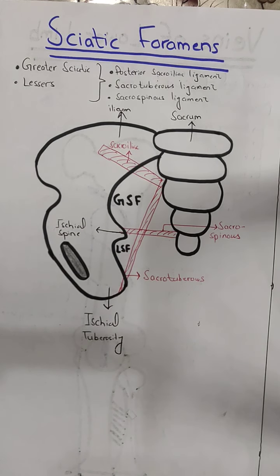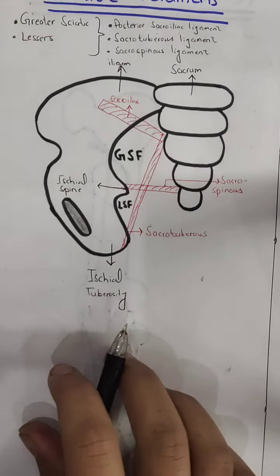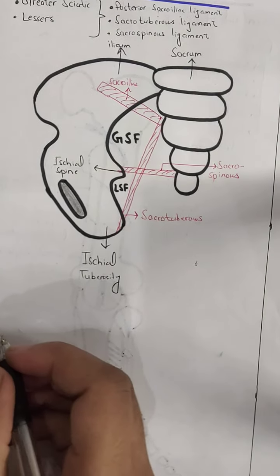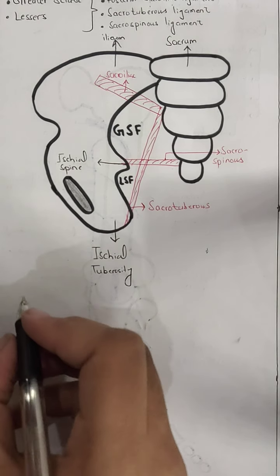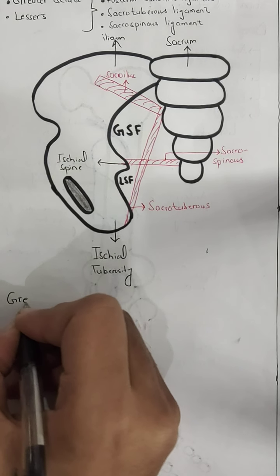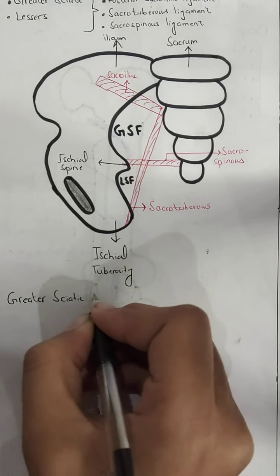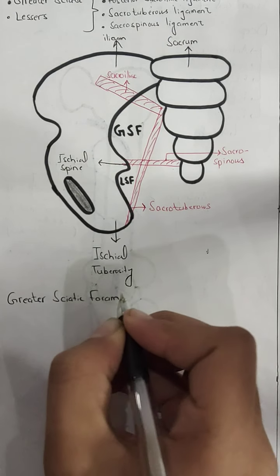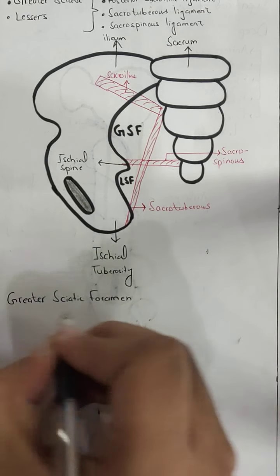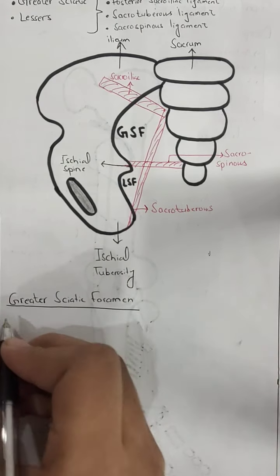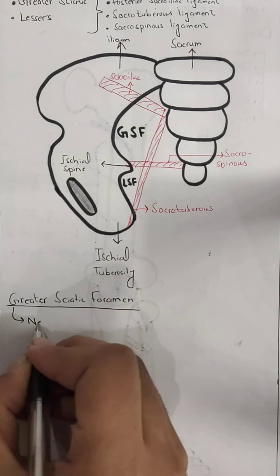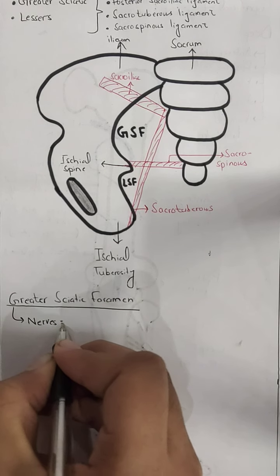So now we will move toward the contents of these foramens. First of all, we will see the contents of the greater sciatic foramen. First of all, we will see the nerves.